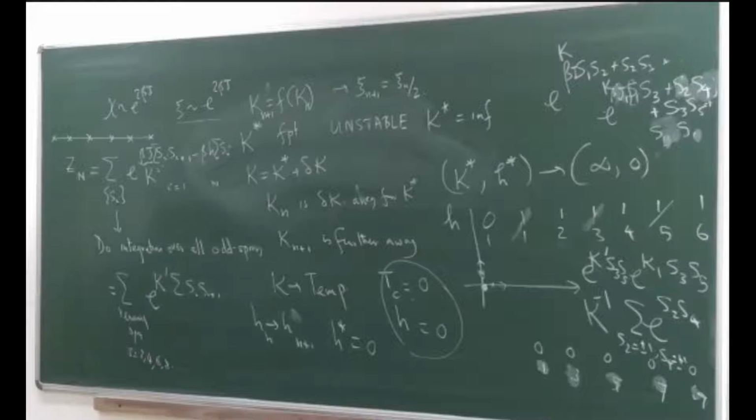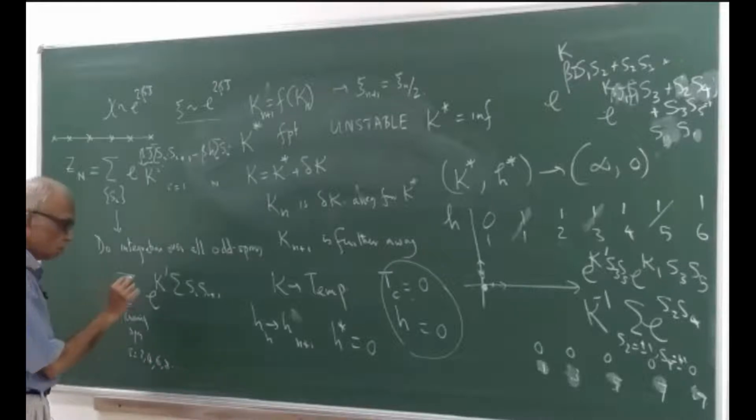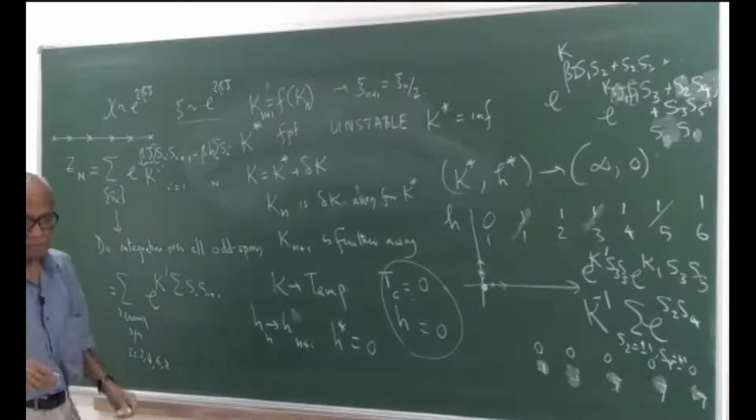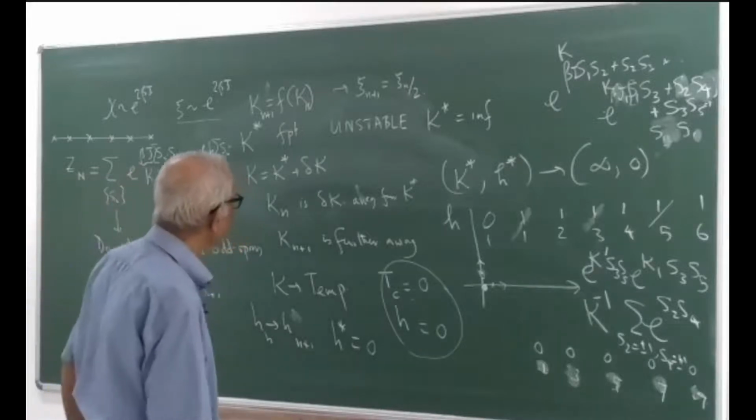The point the renormalization group stresses is that the recursion relation has to be constructed in a large parameter space.